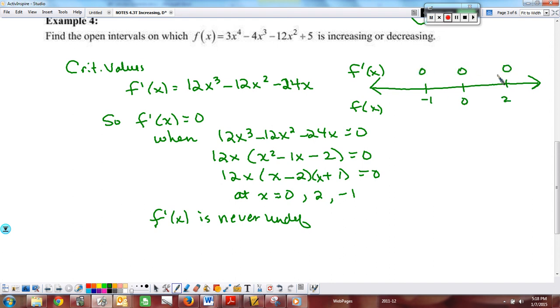The derivative is 0 at those locations. I then go through and I basically am going to do my test for my derivative. Where is it positive and negative? Again, I'm going to do the same thing I did before. I have a cubic with a positive lead coefficient, so it's going to be negative and positive on the ends. I'm trying to save you some time for testing. Maybe plugging in 1 would be easy. Positive, negative, positive.